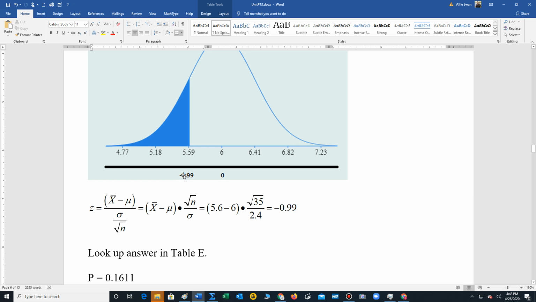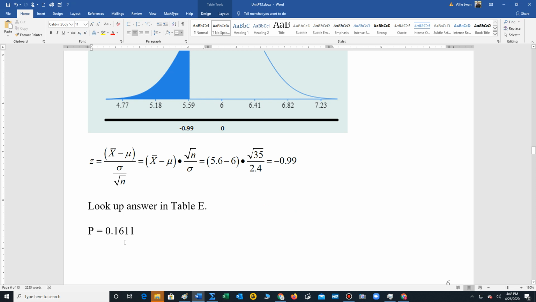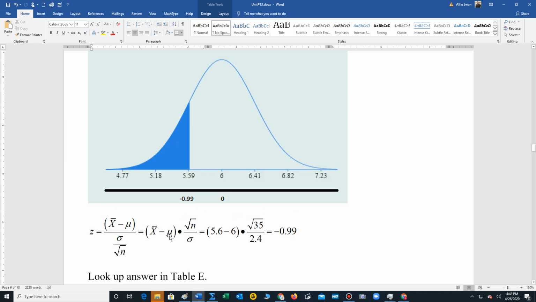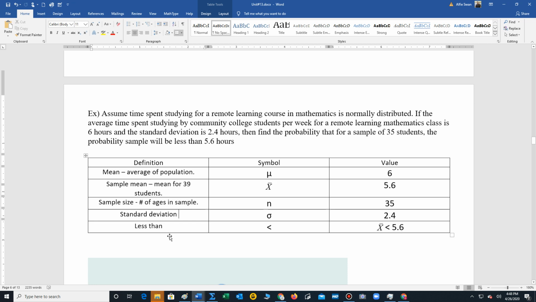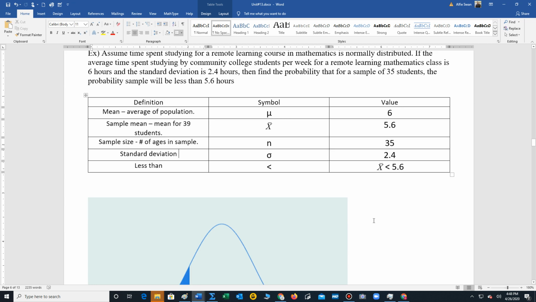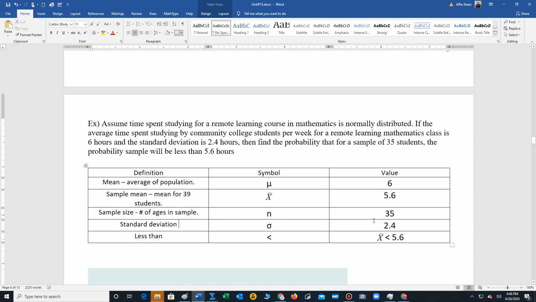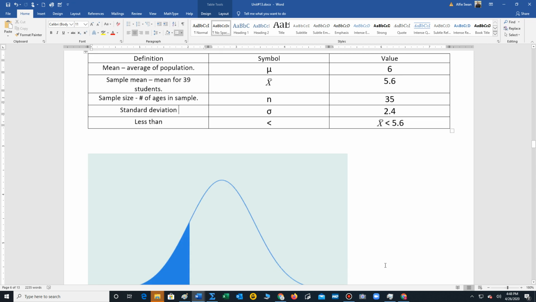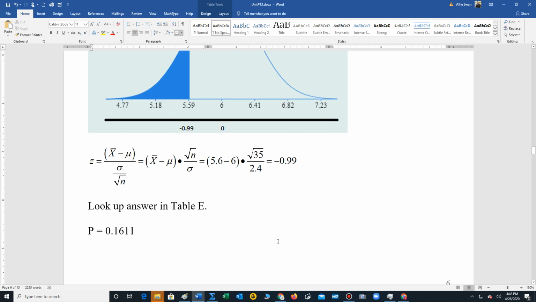So negative 0.99, that's our z value. We look up that z value in table E, it's 0.1611. So there's about a 16% chance that the average time spent studying for the math class is less than 5.6 hours for 35 people, about 16.11% or 0.1611. And that is section 2.3.